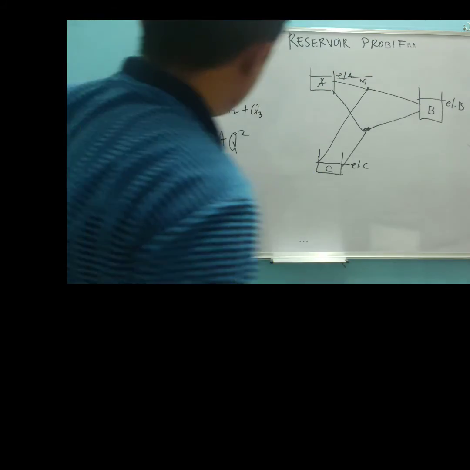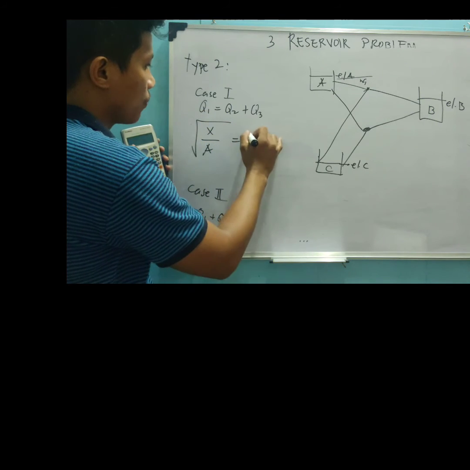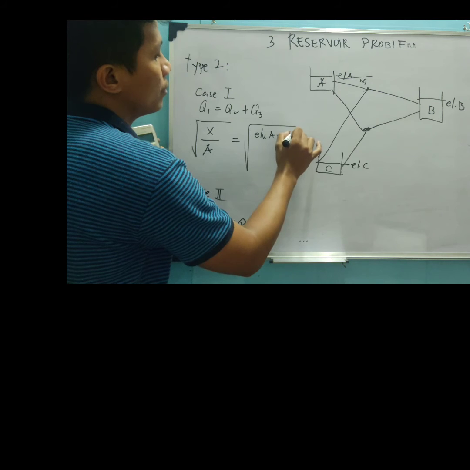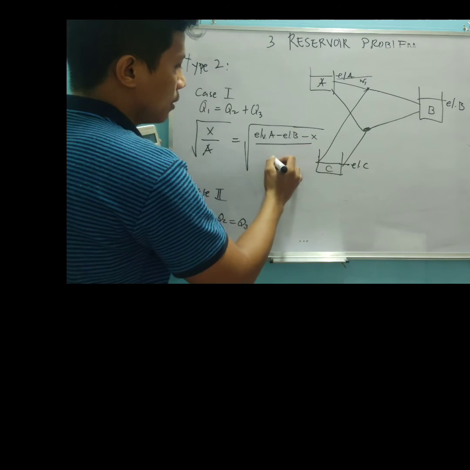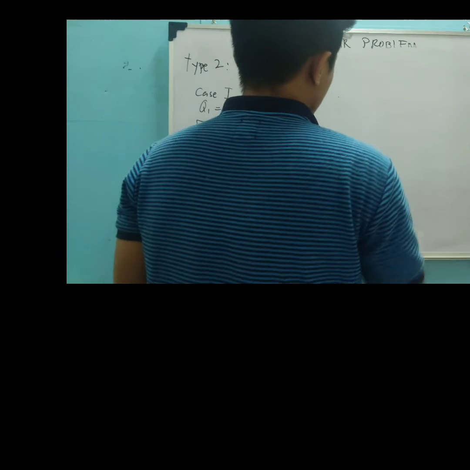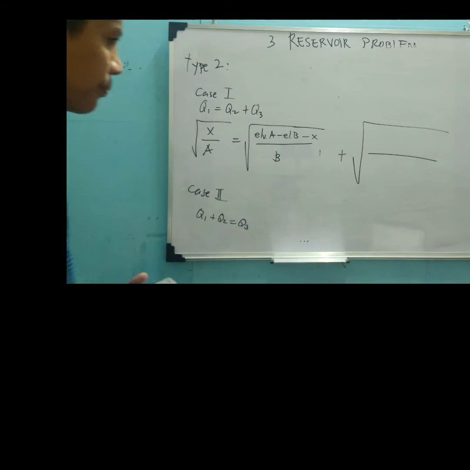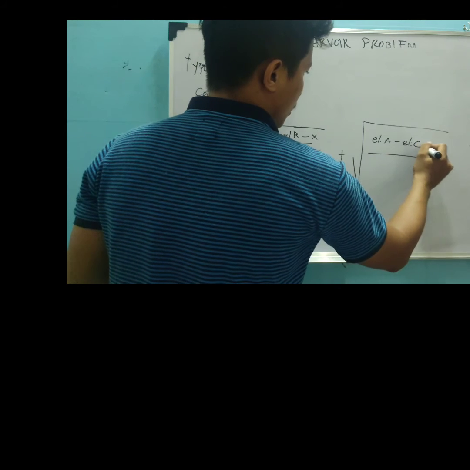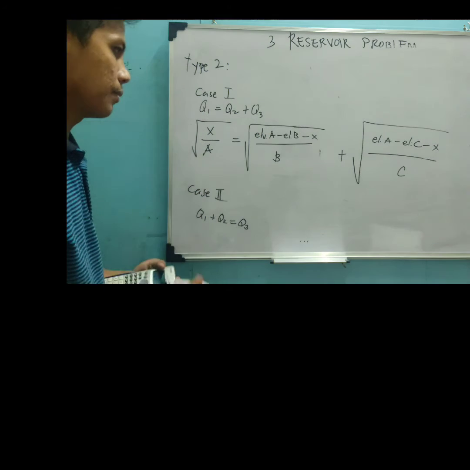So, bali kaya, ang naging caltech niyan, lumabas sa caltech ay yung ganyan na X over A is equals to elevation of A minus elevation of B minus X over B, plus elevation of A minus elevation C minus X over C. So, ganyan lang yung equation natin for calculate.